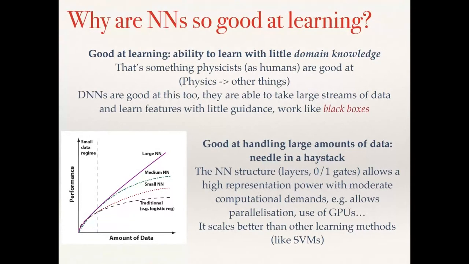They are able, in the case of deep neural networks, to take large streams of data and learn features with very little guidance. And in that sense, they do work a little like black boxes, okay? You give data and it gives you an extremely good prediction after learning, and you, in principle, have no clue of how it did it.